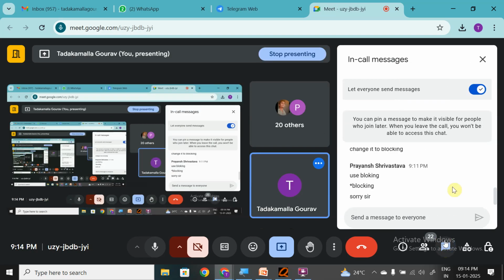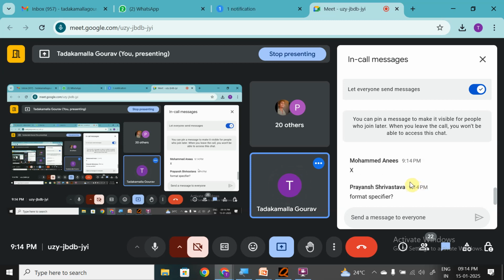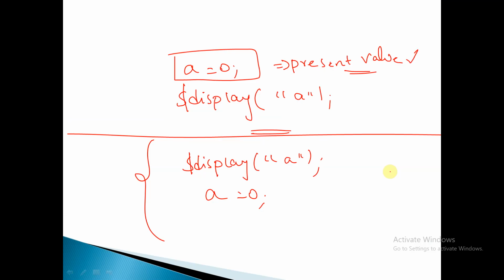Others? You may take anything, %d, %b, anything you can take. Just a random example. My question is, use the $display before the assignment and check what is going to happen. So this is your small task.